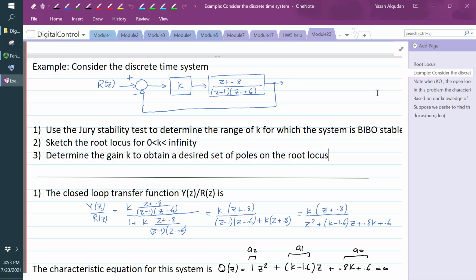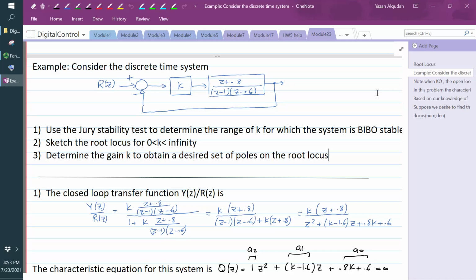We're going to sketch the root locus, and usually we sketch the root locus for k between 0 and infinity. For a positive k, we're going to determine the gain k to obtain a desired set of poles on the root locus.